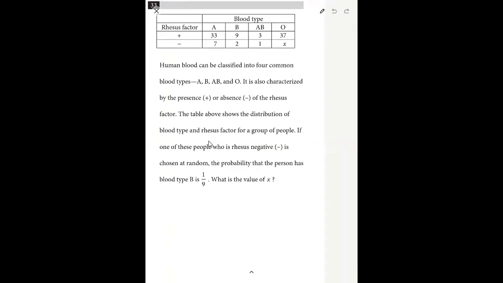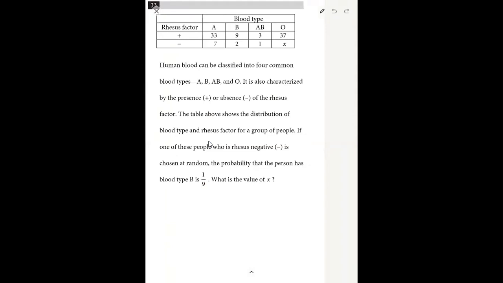Now, this is number 33. I think we got maybe 2 more questions on here. So this is a table of values for blood types. It says, human blood can be classified into 4 common blood types, A, B, AB, and O, and is also characterized by the presence of a plus or a minus of the rhesus factor. The table above shows the distribution of blood types and the rhesus factor for a group of people.